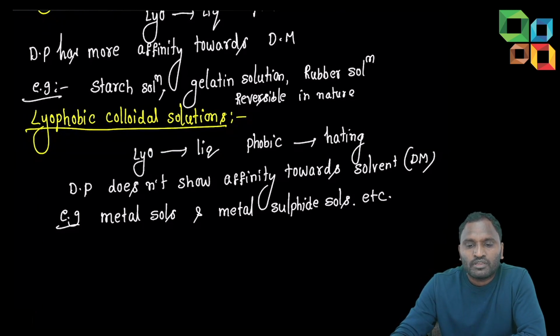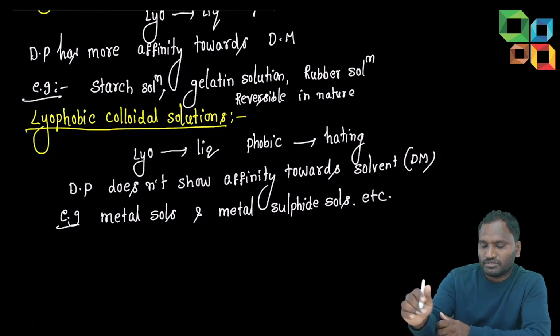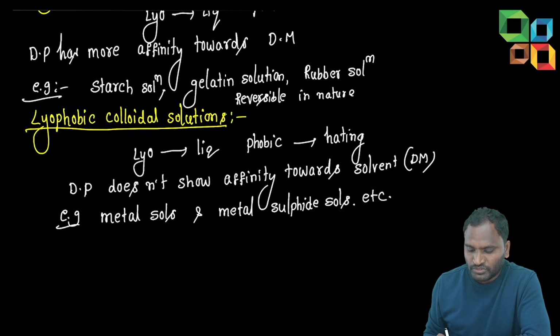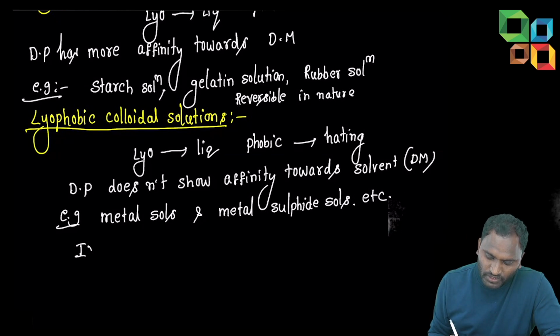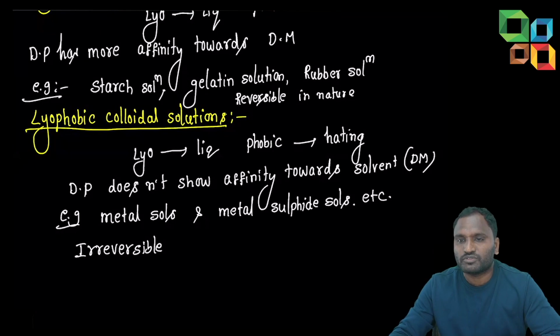Lyophobic, this process is irreversible. Once they get precipitated, they won't give the colloidal solution again. If it settles down, it will not give the sol back. So lyophobic colloidal solutions are irreversible, because we apply special methods to prepare them. Once precipitated, we can't get the colloidal solution back.